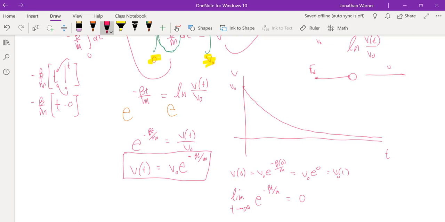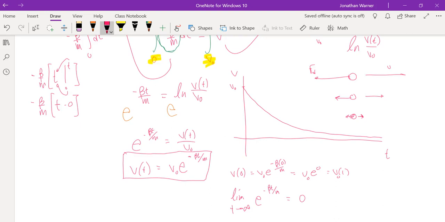Later, we have a smaller velocity, and so a smaller force. Eventually, we have a really small velocity, and so a really small force. Eventually, the velocity is almost infinitely small.